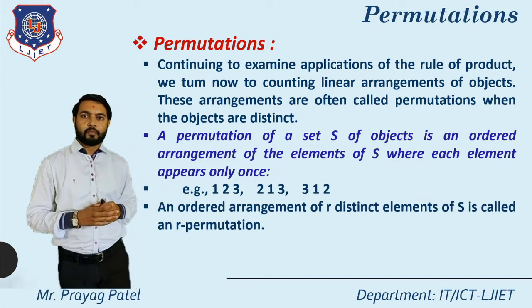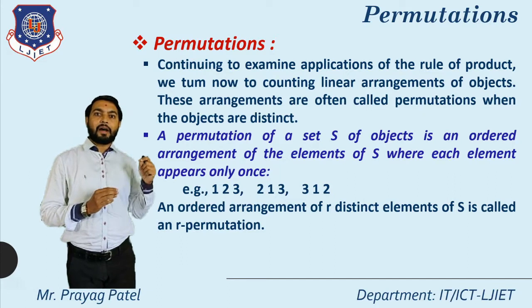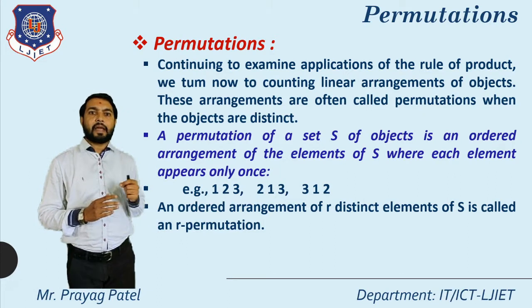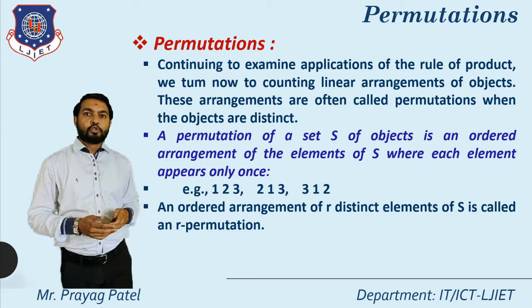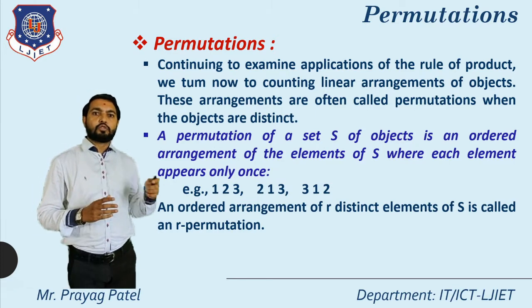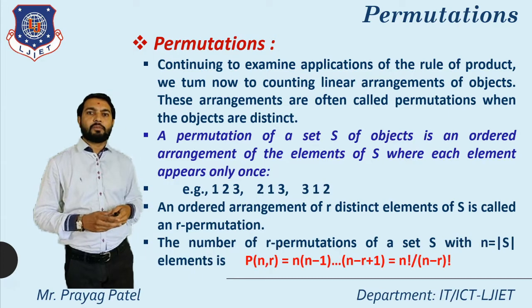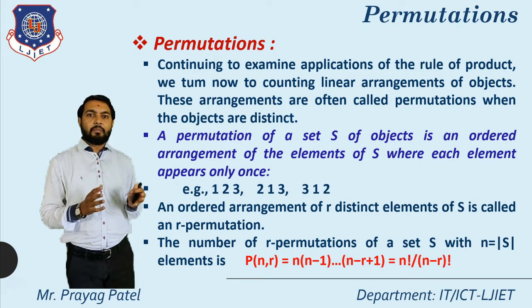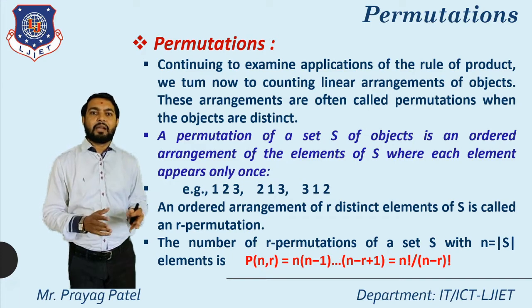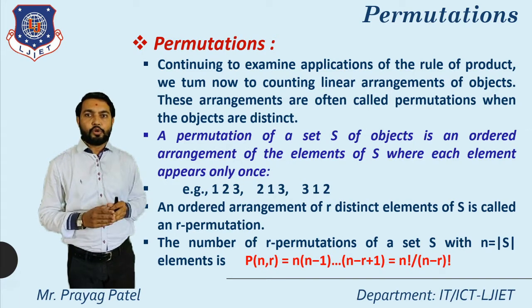Now see here, an ordered arrangement of r distinct elements of S is called an r-permutation. So n elements are available, and from the given n elements we select only r elements, then it is called an r-permutation.